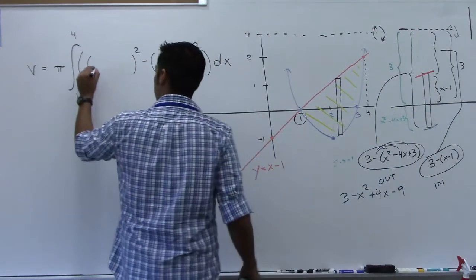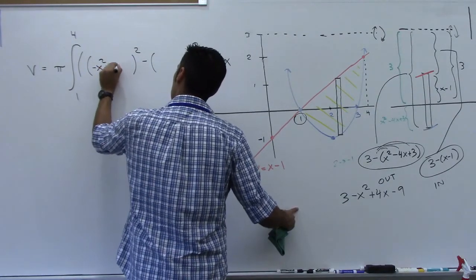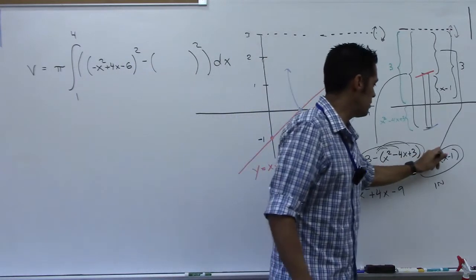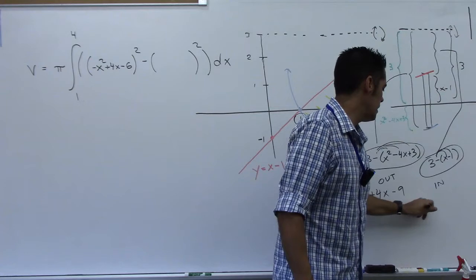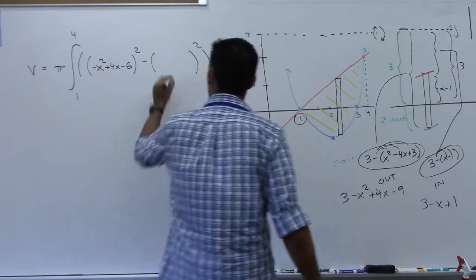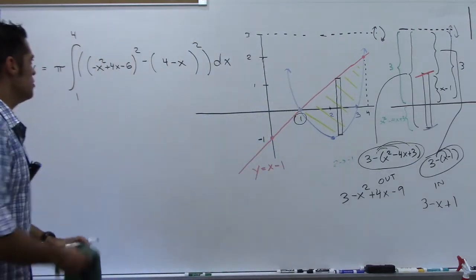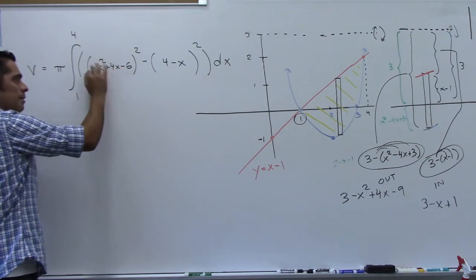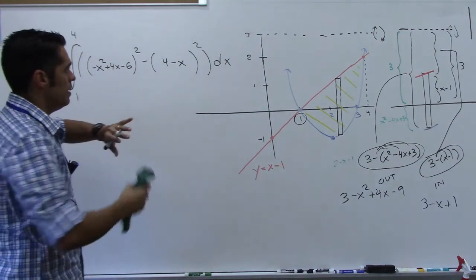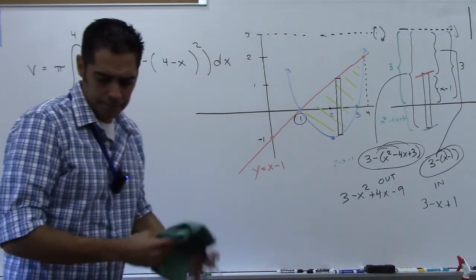So that'll be negative x squared plus 4x minus 6. And then the other one, if you distribute the negative through, you get 3 minus x plus 1. 3 plus 1 is 4, so that's 4 minus x. And that's it. Now, you would have to actually expand this out, FOIL it, and I mean, it would be this times itself, and then here, same thing, and then you're in business.